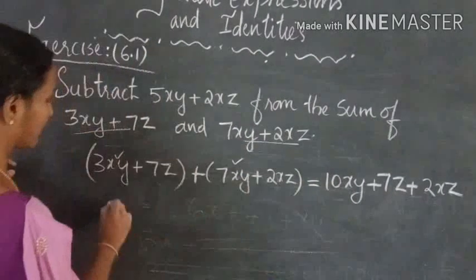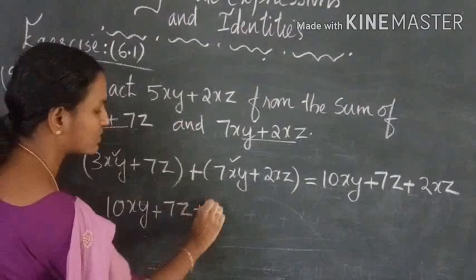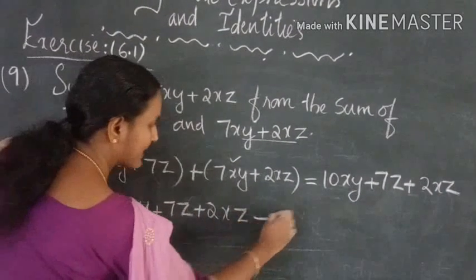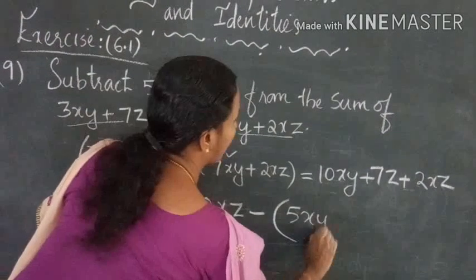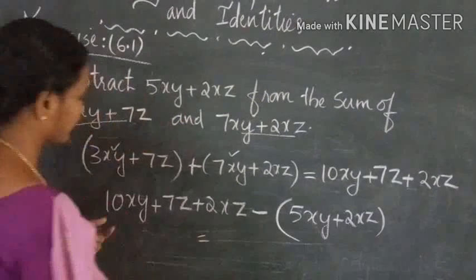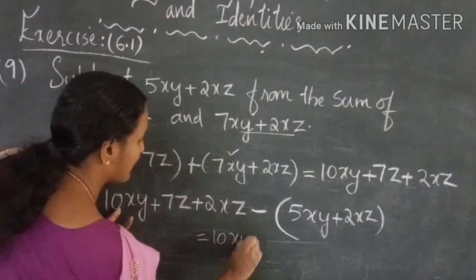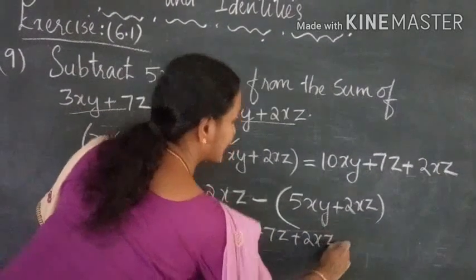So 10xy plus 7z plus 2xz minus of the first expression 5xy plus 2xz, is equal to 10xy plus 7z plus 2xz.